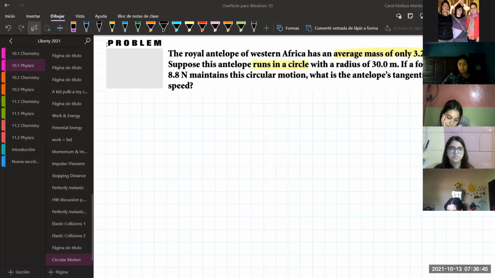Now this circle has a radius of 30 meters. If a force of 8.8 Newton maintains this circular motion, what is the antelope's tangential speed? I'm looking for the tangential speed of this antelope. Okay, so first I write the givens.